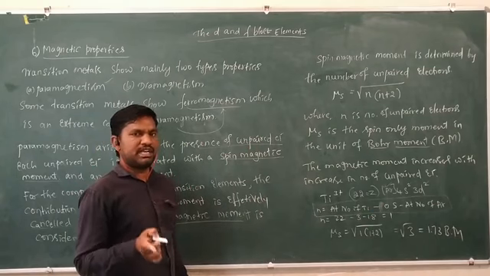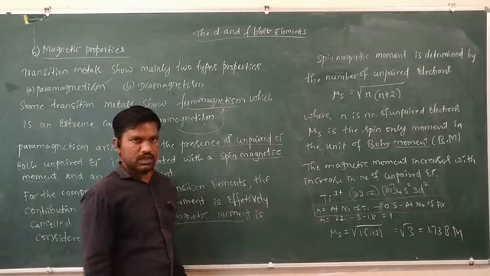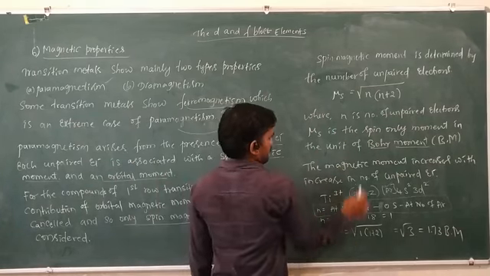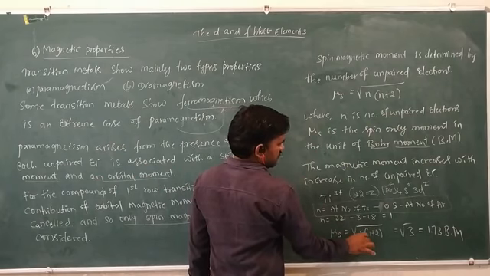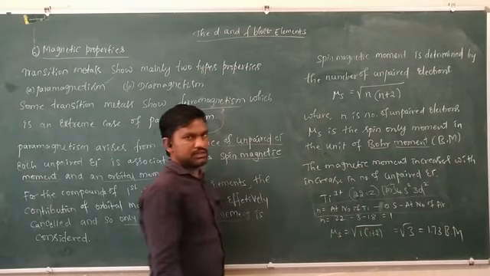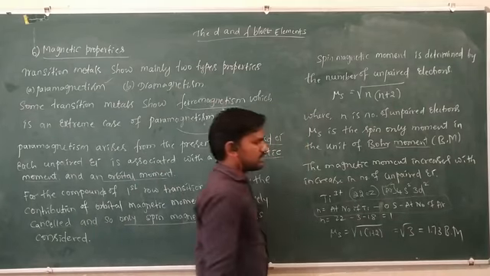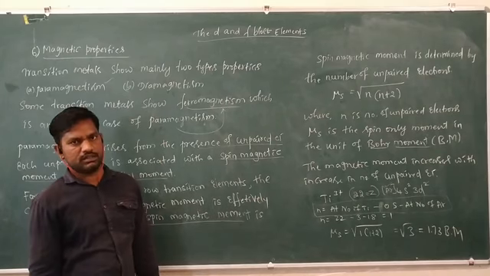Number of unpaired electrons in the titanium 3+ ion is 1. Here n is 1. Put 1 in the place of n: under root 1 into 1 plus 2, under root 3, value 1.73 Bohr magneton is the answer.